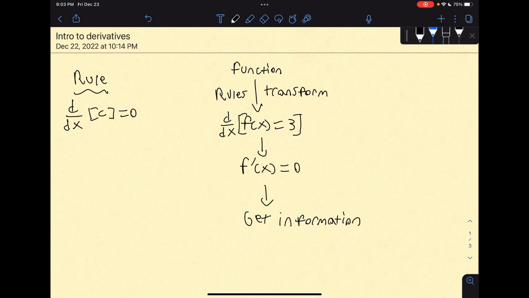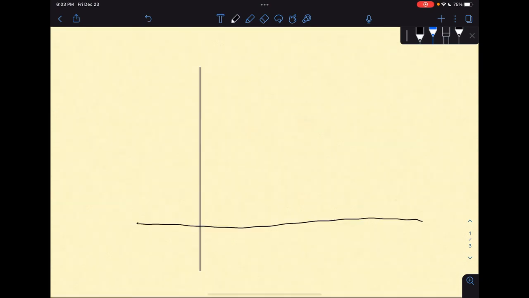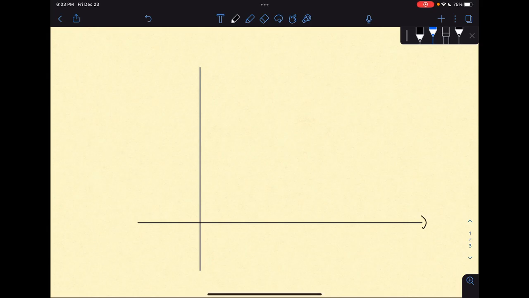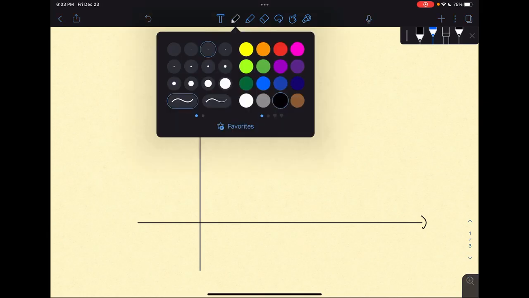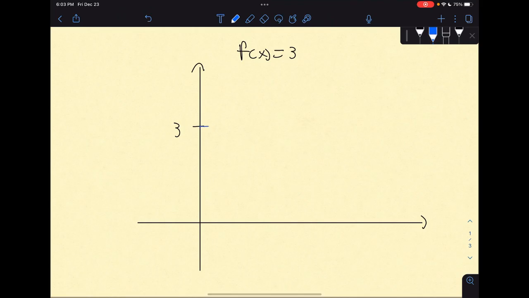About that function. Now, you may be asking, well, what information are we getting about the function? If we have an axis and we graph our function, f of x equals 3, what does it look like? Well, it looks like a horizontal line at y equals 3.